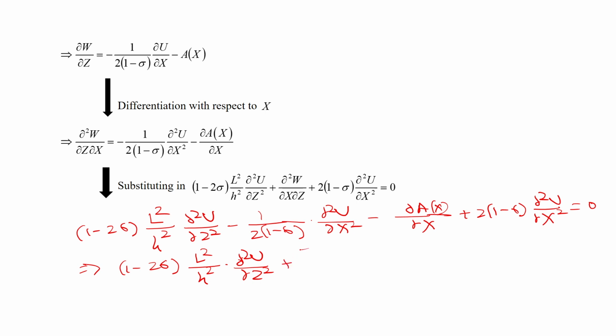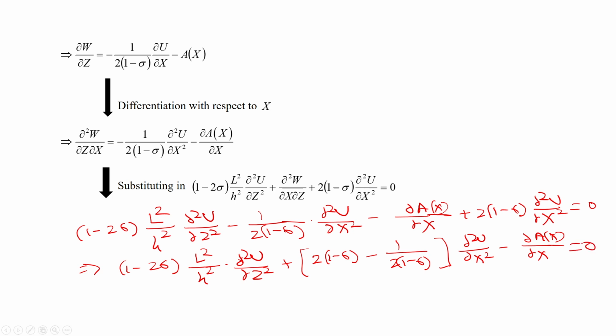Let us do this. This is 2 into 1 minus sigma here, and then minus 1 by 2 into 1 minus sigma here, into del square u by del x square, and minus del of a of x by del of x is equal to 0. So, now let us get this quantity.